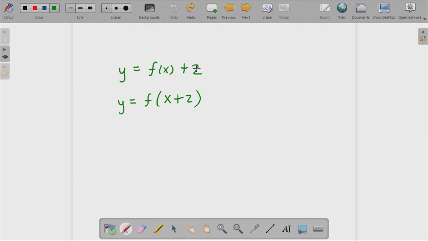One of the things that I've noticed, John, and we discussed this in our planning, is that for some students, in looking at the equation y equals f of x plus 2, some students feel like, you know what, it fits with my intuition that the graph is going to move up 2.